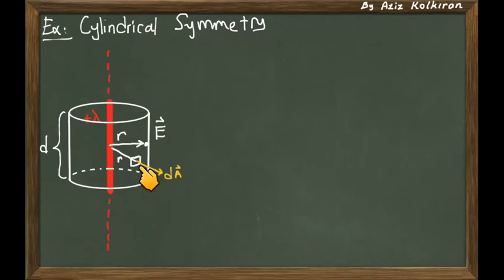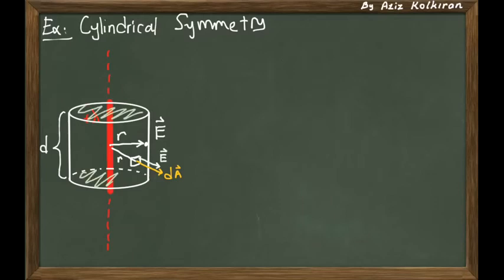When you think about the electric field through all these small areas, dA, you will recognize that the electric field should also be in the same direction, because the electric field is always away from the positive charge, and you easily recognize that at every point of the side surface of the cylinder, the electric field and the area vector are always lined up, parallel to each other.